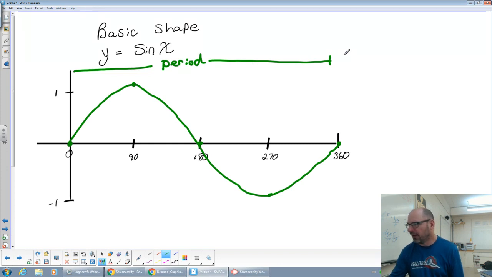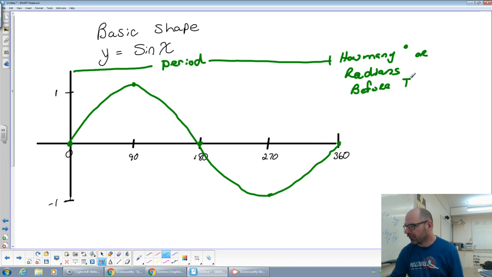It's how many degrees or radians before the graph repeats its shape, right? Okay, that's the period.